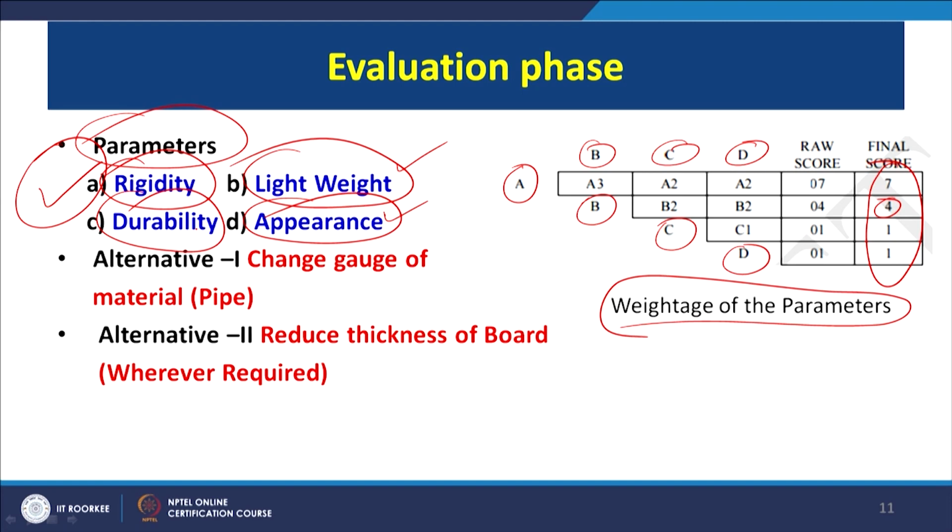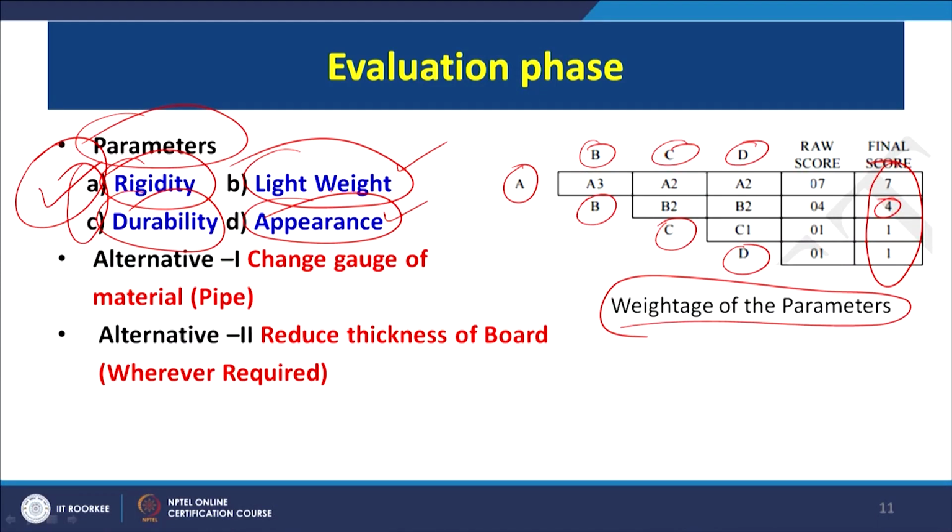Also, the durability definitely is, but as it is related to rigidity, because if it is rigid it will be better, so it will be durable also. So, we can say as per this case study or within this domain, rigidity and lightweight are 2 important parameters. It is not important to debate on the rigidity and durability, but it is important to understand the process of how we can analyze our product.